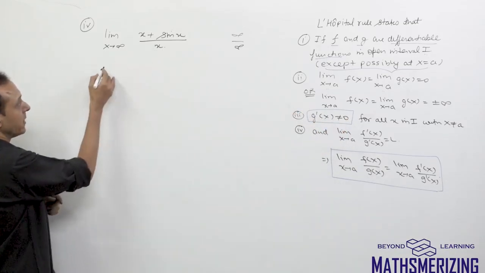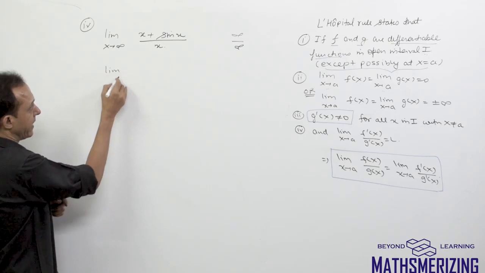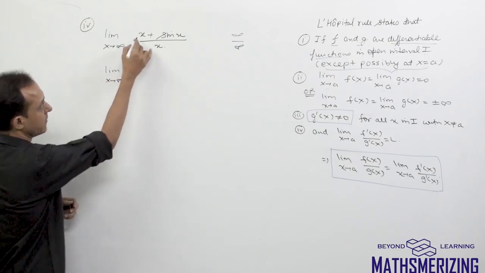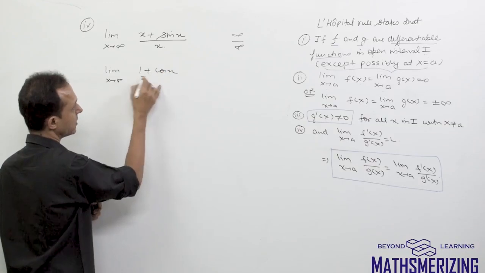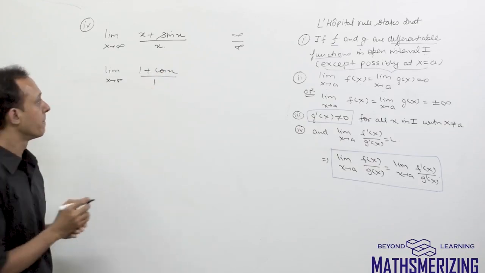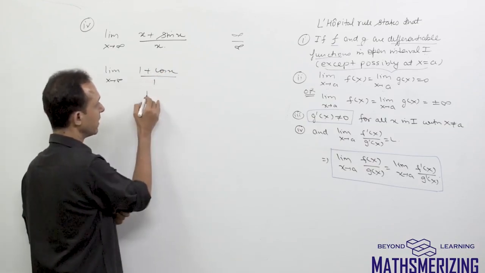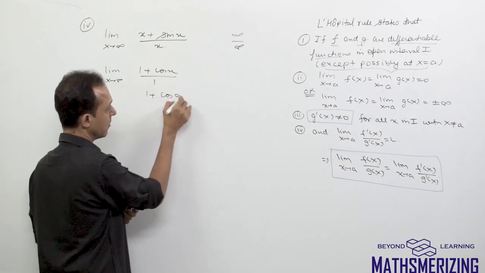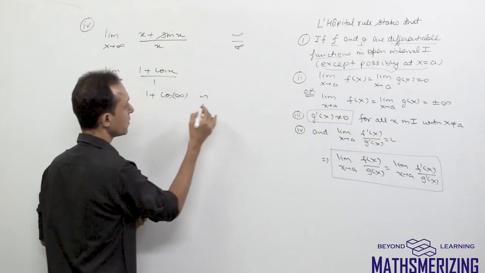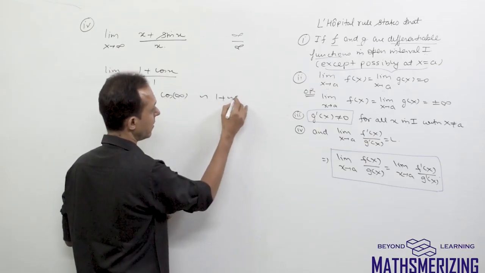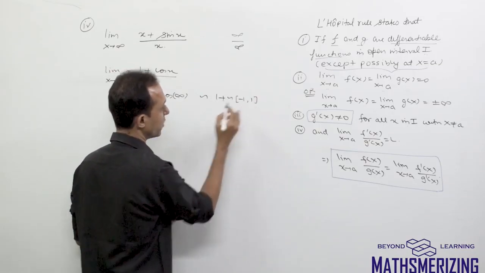Now, if I use L'Hospital's rule, I can write limit x tends to infinity. If I differentiate the numerator, I'll get 1 plus cos x, and the derivative of x is 1. So if I put this limit, I'll get 1 plus cos infinity, which is an oscillating value, minus 1 to plus 1.